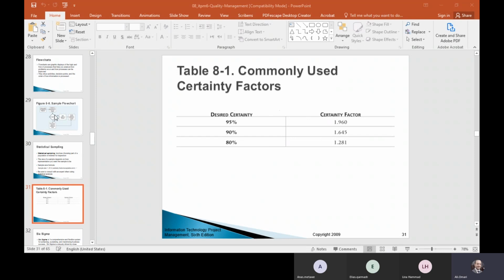And there is an equation that we used, and the concept of statistical sampling, you must know the certainty factor, which is how certain you want to be that the sample represents the whole population, and what the standard deviation is, and what the variability around the statistical sample is. Clear? Hope we don't have any questions.